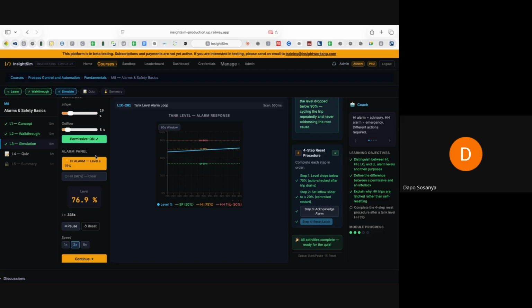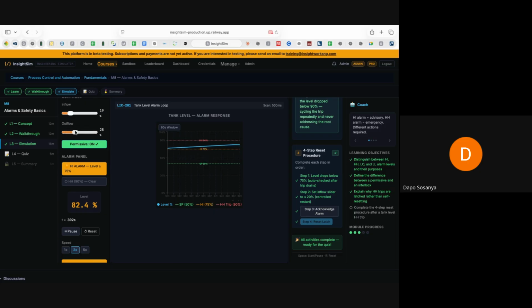The I alarm occurs also. The rate of outflow is very low, so the liquid is accumulating. So at this point, if I intervene because of this I alarm, I increase the rate of flow and just a little differential, you can see the response here.